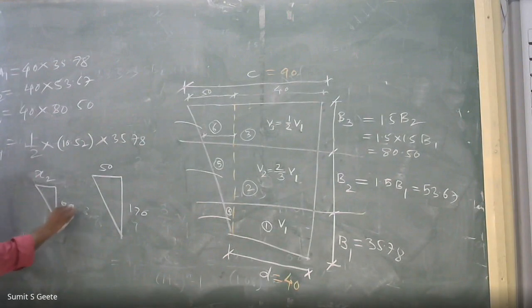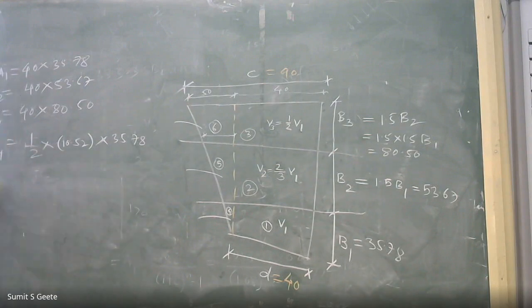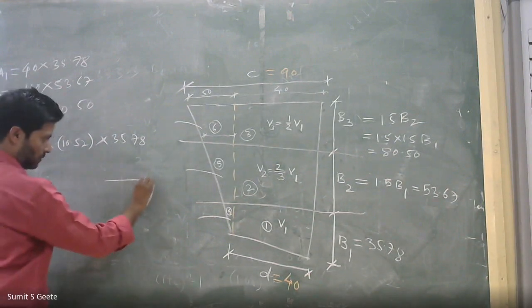So this is 89.45. That's it. Now, A5. At the time of calculation of A5, this is a trapezoid you have.